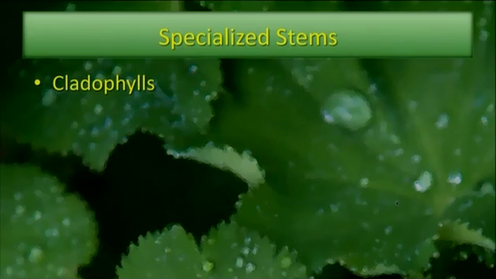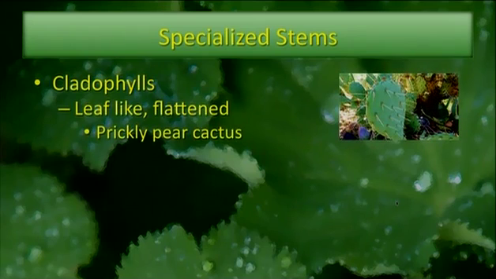Now there are also cladophylls. Okay, what they are, they're leaf-like and flattened. Okay, and prickly pear cactus is a good example of that. So here you have a cladophyll of a prickly pear cactus. It looks like a leaf. Well, it's green. There's actually another stem that does photosynthesis. So how can you tell this is actually a stem and not a leaf?